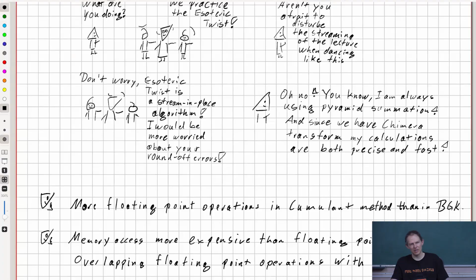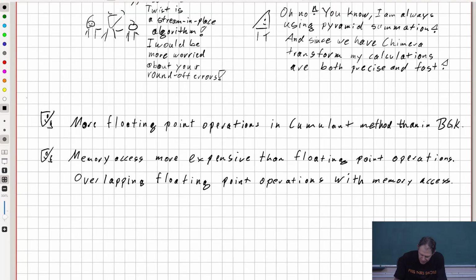So usually we distinguish between compute-bound algorithms and bandwidth-bound algorithms, depending on whether the memory access is the more expensive part of the algorithm or the computing is the more expensive part. And LBM usually is memory bound or bandwidth bound.